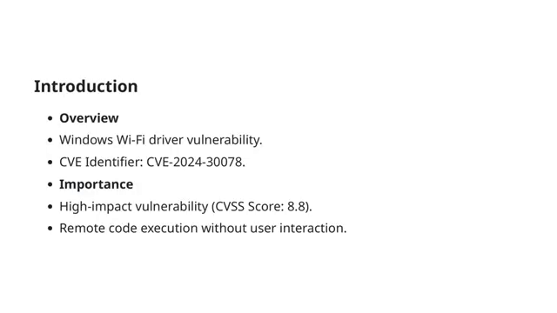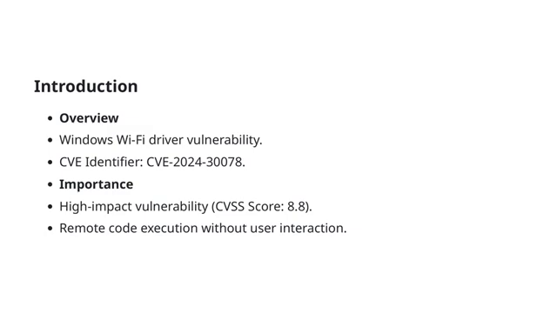In this section, we're going to provide an introduction and overview of a significant Windows Wi-Fi driver vulnerability, identified as CVE-2024-30078. This particular vulnerability is of high importance due to its high CVSS score of 8.8, indicating a severe impact potential.